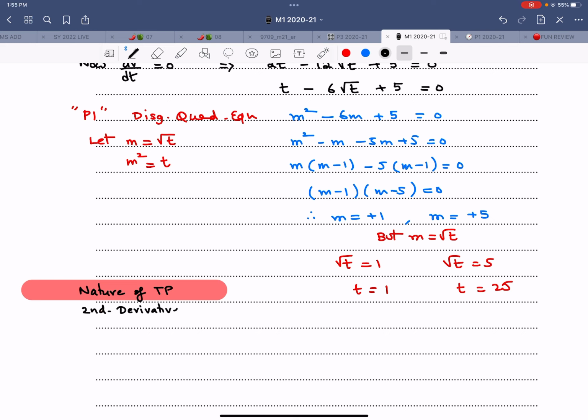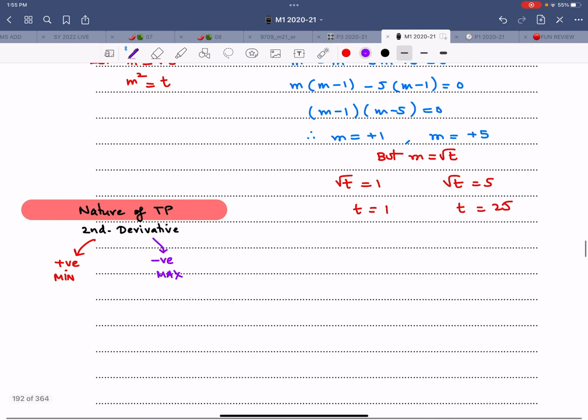That means if the second derivative is positive, it's a minimum. If the second derivative is negative, it's a maximum. And if it's 0, it's neither a max nor a min. We won't be having issues with that.